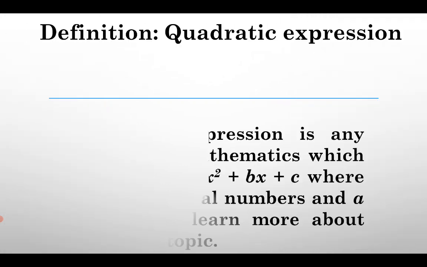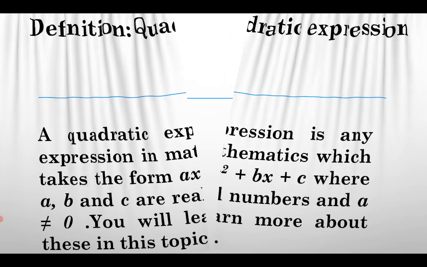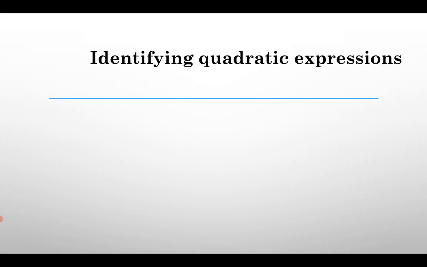We just defined the quadratic expression, and would like to move on to the next aspect, which is identifying them. I was about to say before my screen crashed that you can tell whether an expression is quadratic or not based on two criteria.